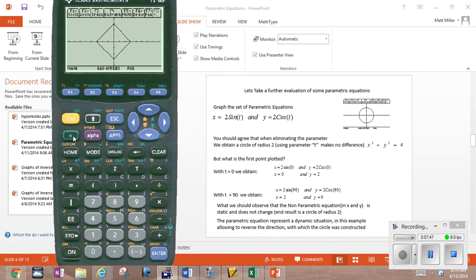Because this is the control you have in parametrics with the t-step. We told this to plot every 90 degrees. So it is graphing our circle, but it's only plotting points every 90 degrees, which means it's effectively plotting a square for us.